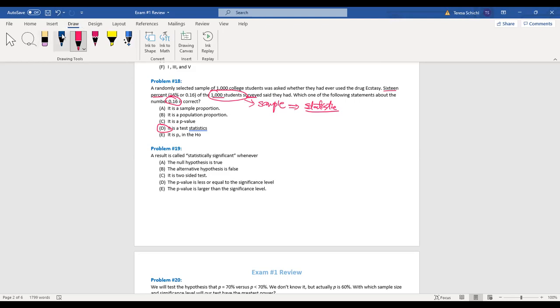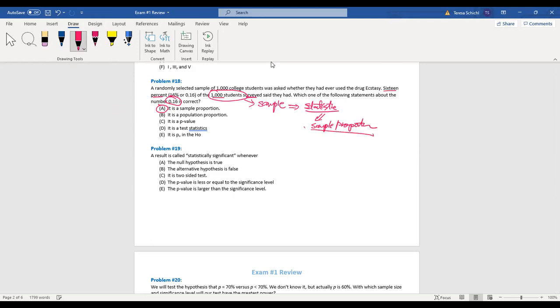Oh, I'm sorry, it's not a test statistic, it's a statistic from a sample, all right? This is the sample proportion. You are basing it on the sample, so this statistic is the sample proportion.